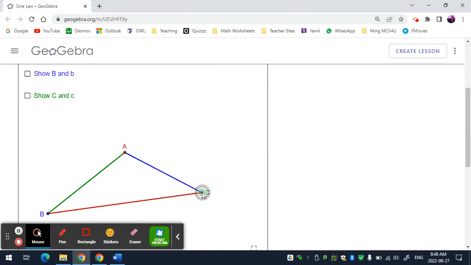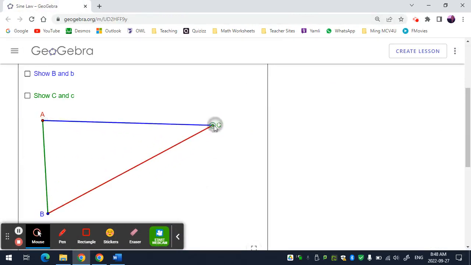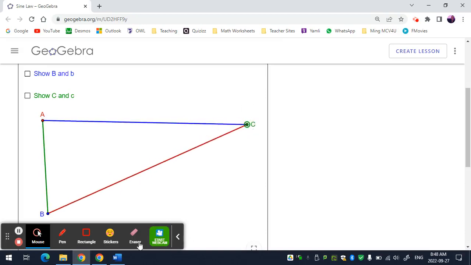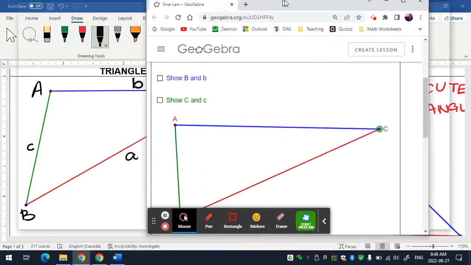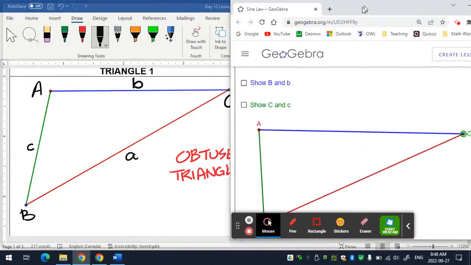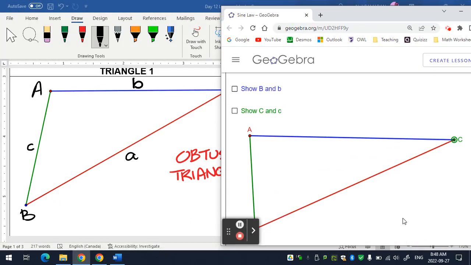Okay, I need to create my triangle. So let's see. Now I'm going to keep playing with it until it looks as much as I can like this one. Do I still need to change it?